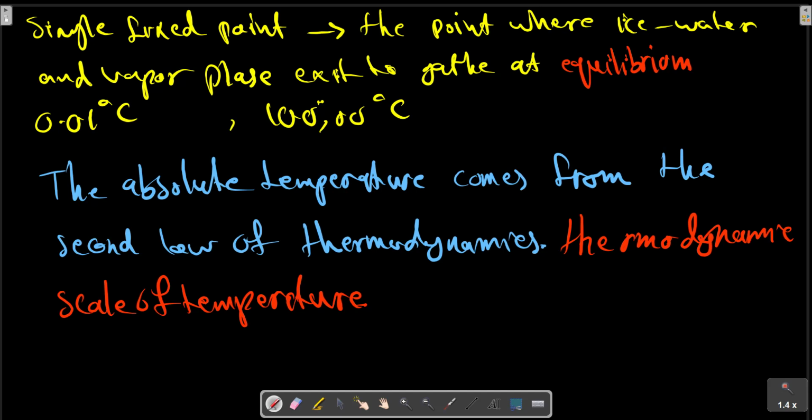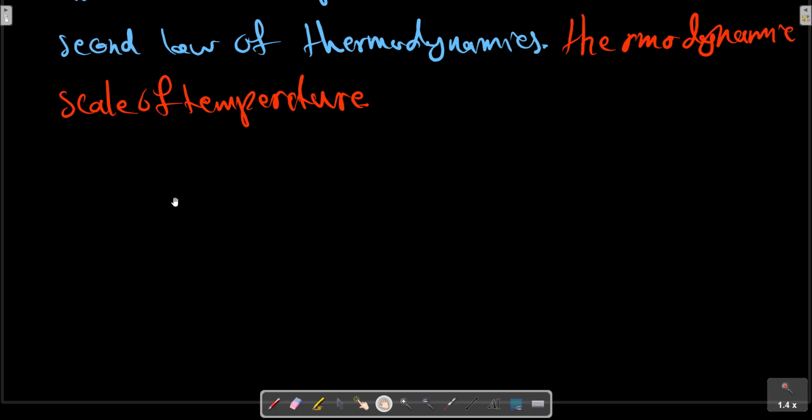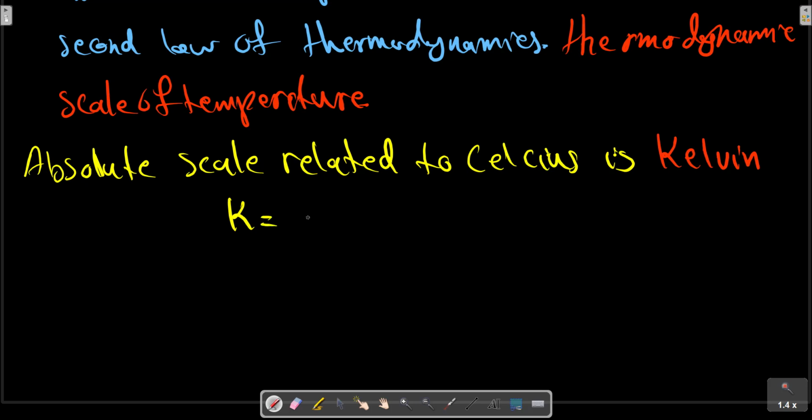The absolute scale related to the Celsius scale is Kelvin. Kelvin equals degrees Celsius plus 273.15.